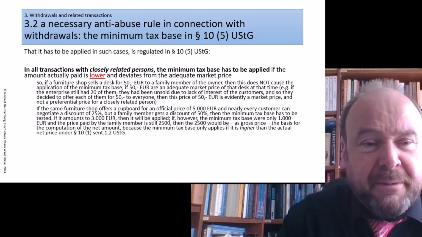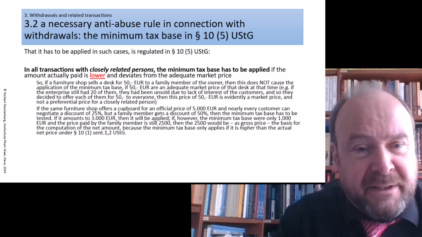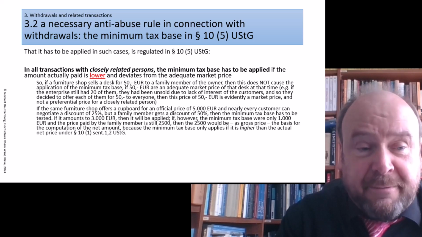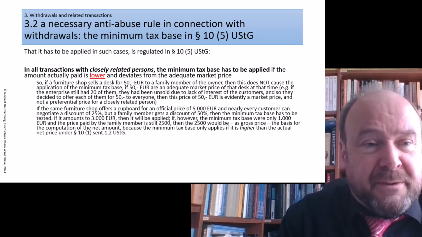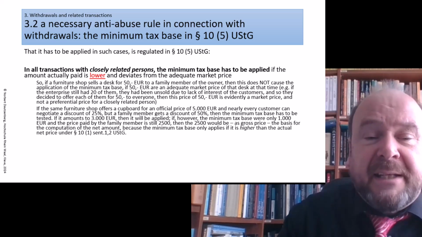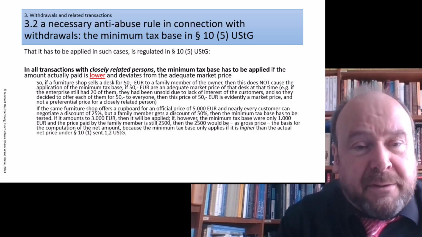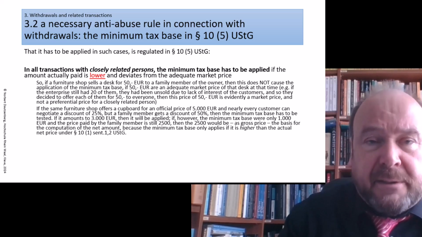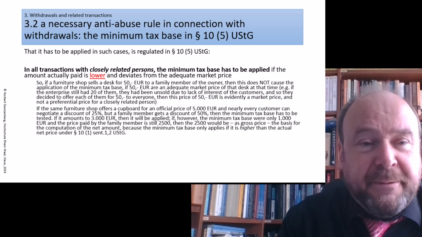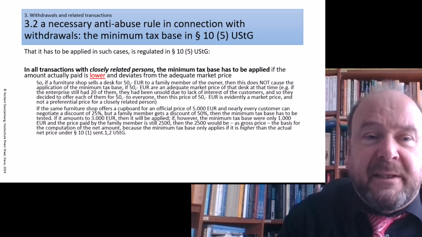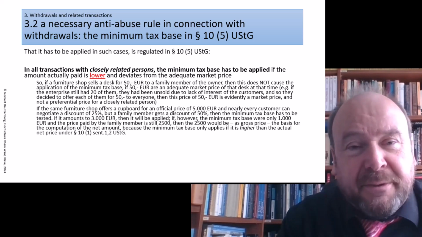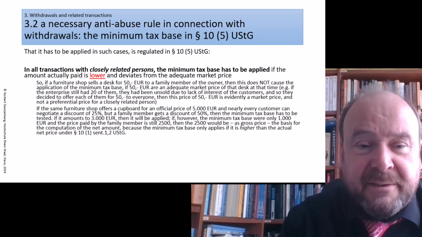So we can sum it up: if you have transactions with closely related persons, then the minimum tax base has to be applied if the amount set as price is lower than the minimum tax base, and it deviates from the adequate market price. So that's clear. If you set the adequate market price, then the consideration has not been manipulated downwards, so you have no need to adjust the price.